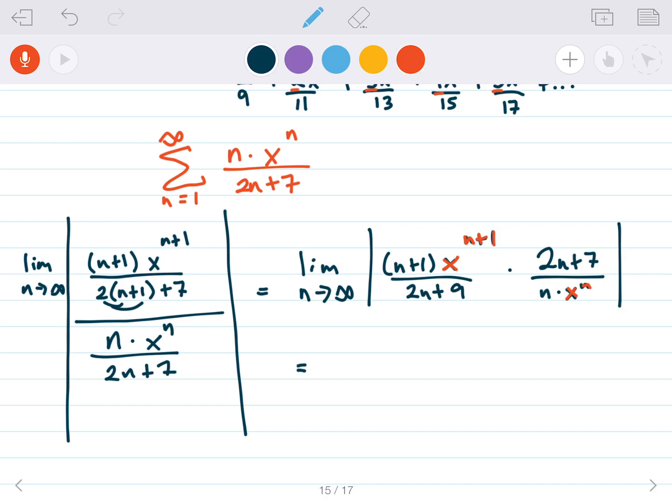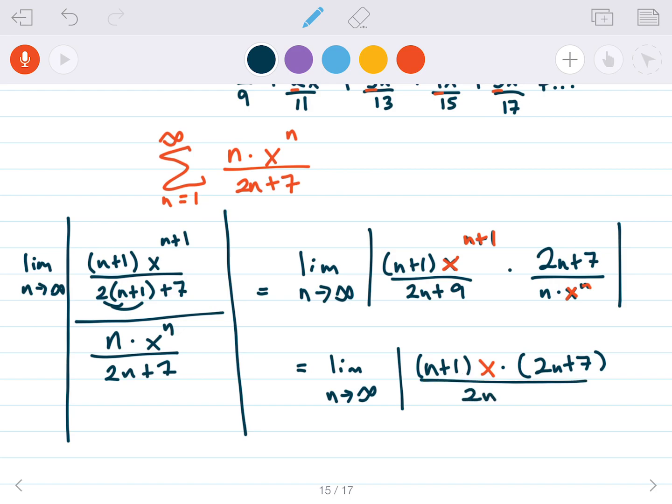So this is simply n plus 1, and x to the n plus 1 divided by x to the n is just going to be x. That's going to be times x times 2n plus 7 over 2n plus 9.